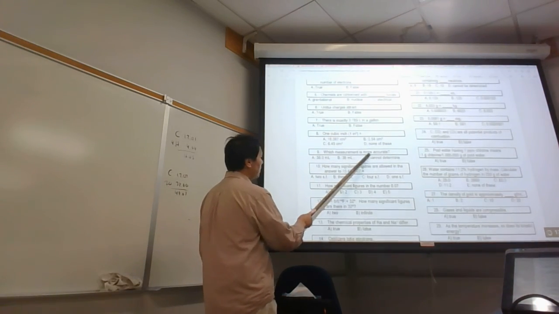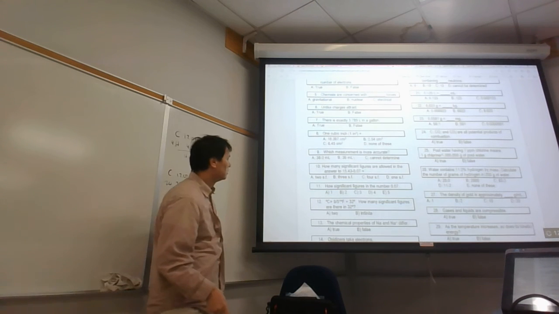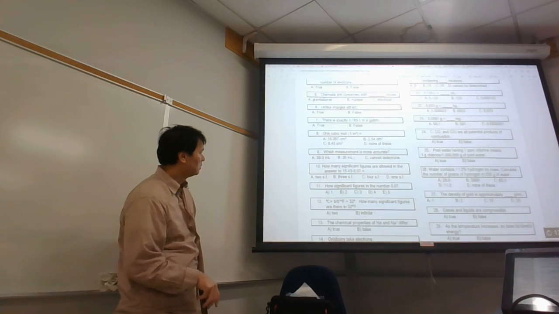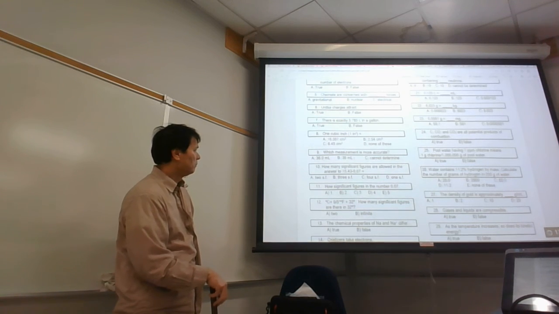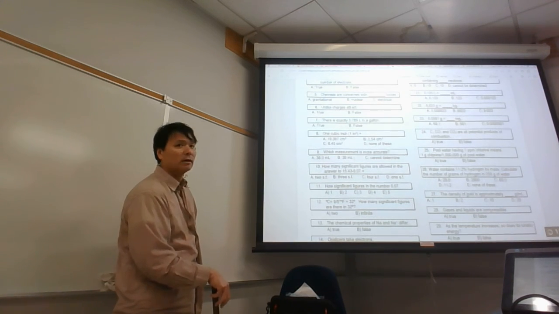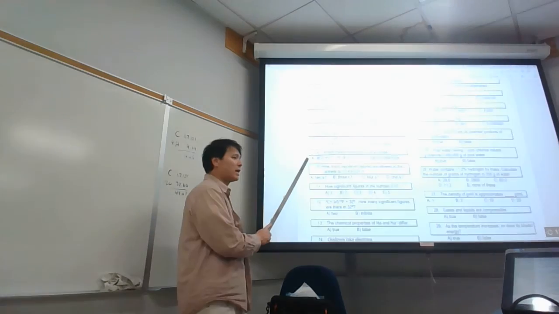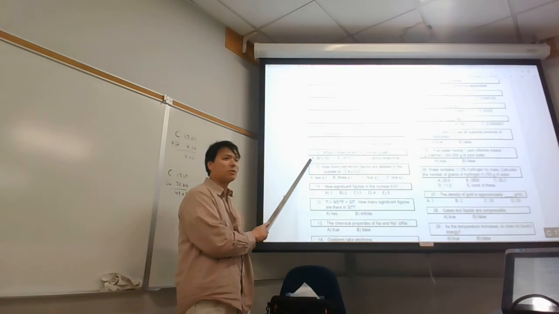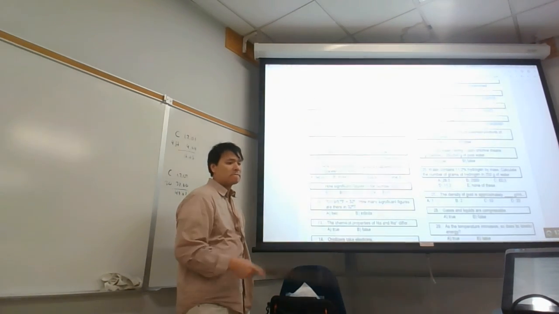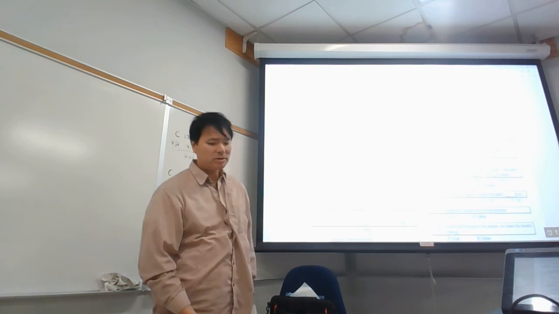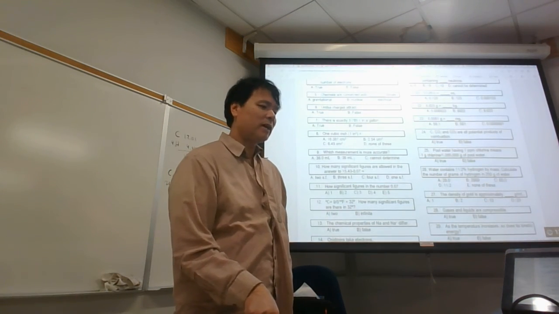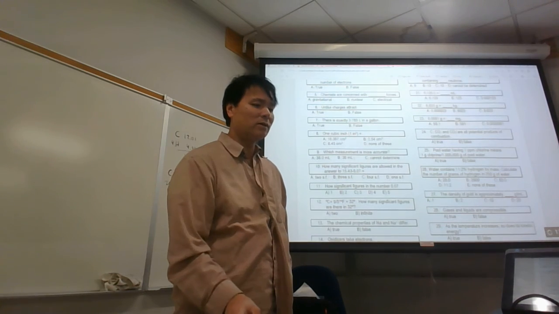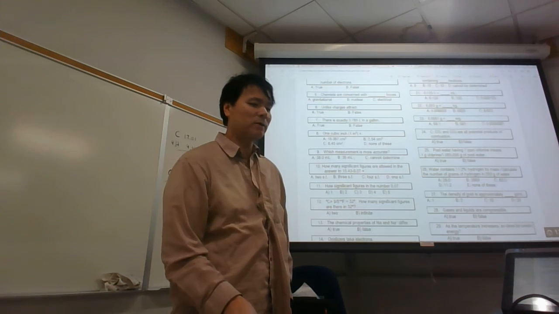Which measurement is more accurate? Well, A is more precise, but is it more accurate? Normally higher precision means more accuracy, but you could have very high precision instruments. Let's say you go to the gas pump, and that's pretty precise.